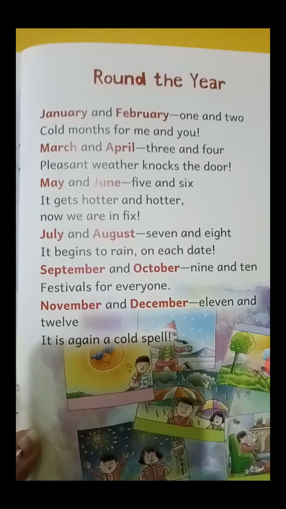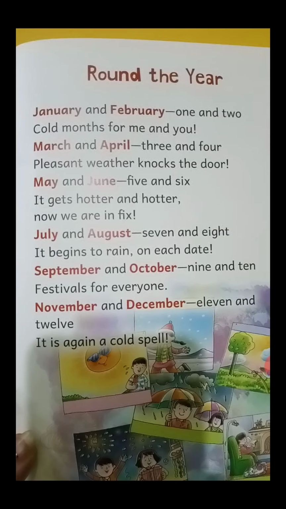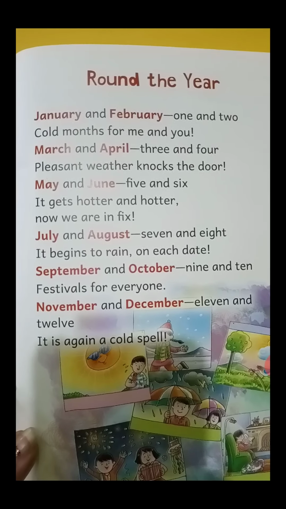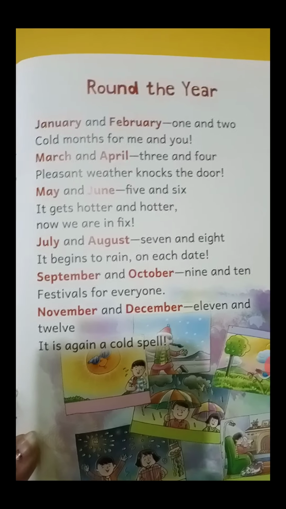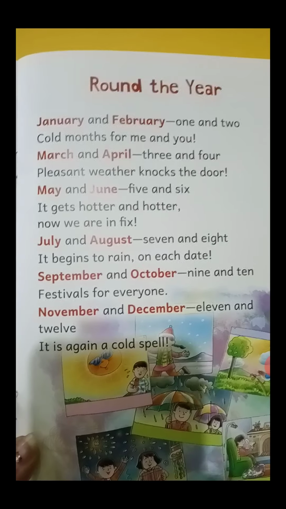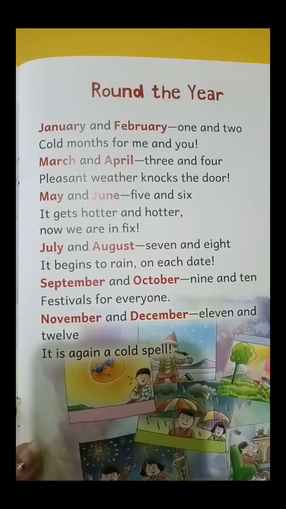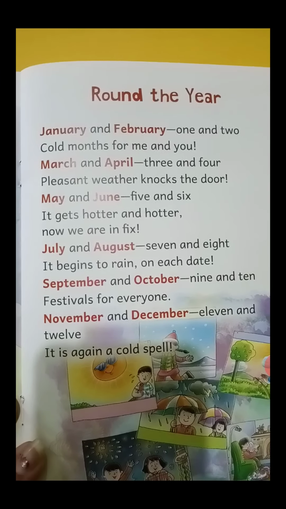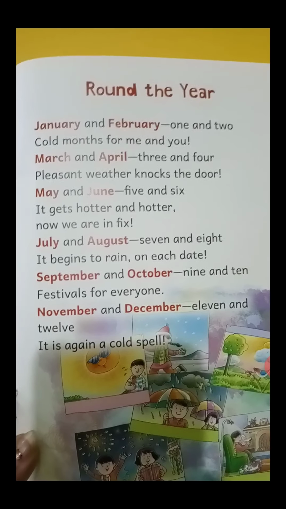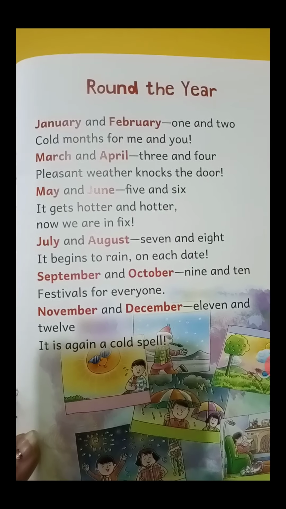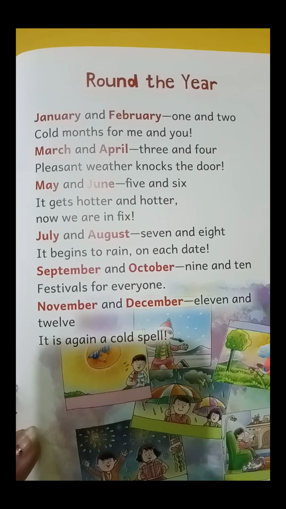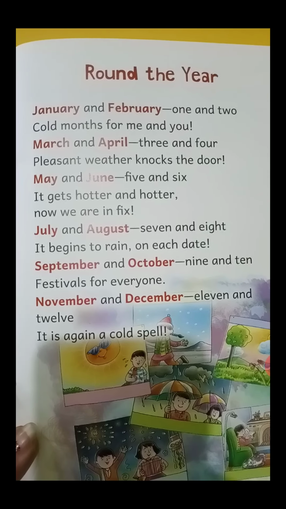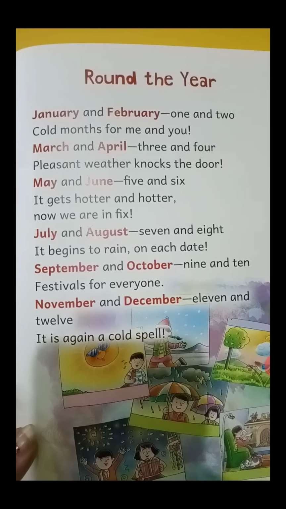May and June 5 and 6, it gets hotter and hotter. Now we are in a fix. July and August 7 and 8, it begins to rain on each date.